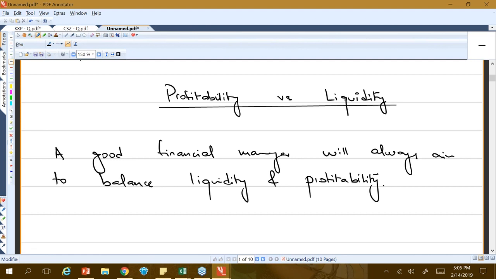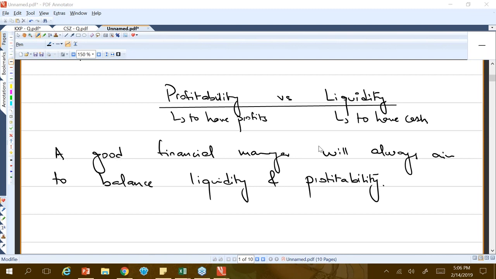So if we have too much profitability and less liquidity, that is to have cash. So this is to have profits, and this is to have cash. So what's the danger of having too much profitability and less liquidity? Okay, some good answers coming in now.